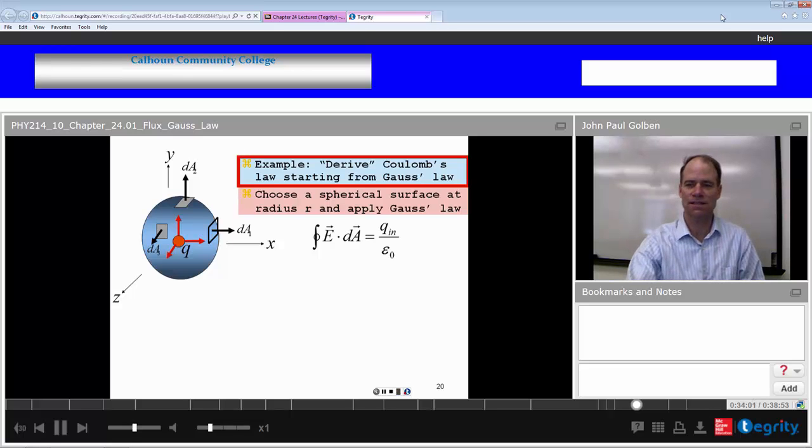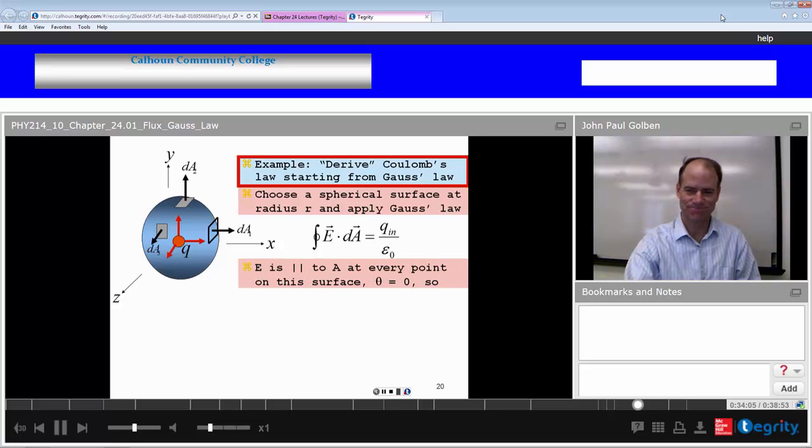So the integral of E dot dA is equal to charge enclosed over epsilon naught. All right, we chose the right surface. We got a sphere, and if this charge is at the center of that sphere, the E field is going to be going radially outward everywhere on this sphere, and hence it will be parallel to the area vector everywhere over the surface of this sphere.